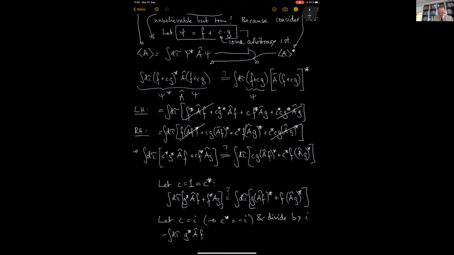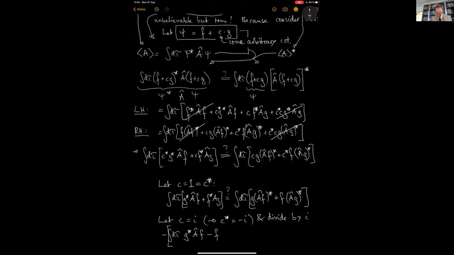And then there was a normal, not the complex conjugate, a normal C here. That one becomes I. So when I divide I by I I have plus 1, but I put my minus in front of the integral here. So to get my plus again, I have to put in a minus.